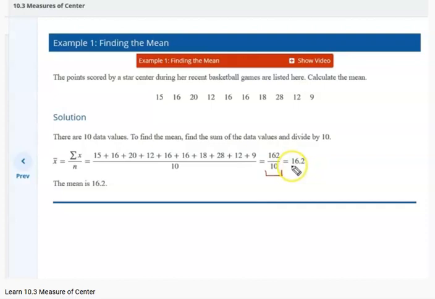And you get the mean is 16.2. And the question might be, what is X bar? For this is another way of saying the mean, the sigma as a sign of the sum. So something easy. All right, let's go on to our next example.